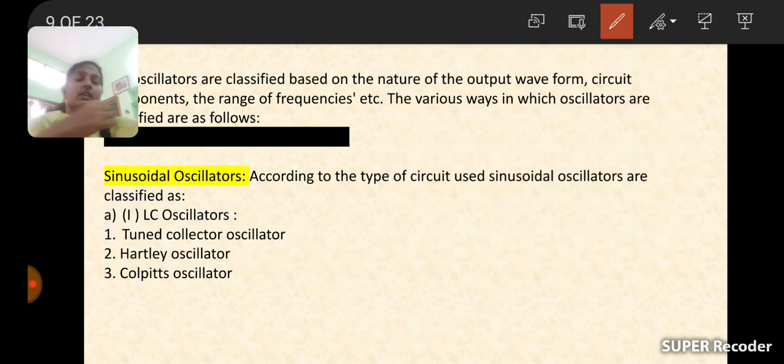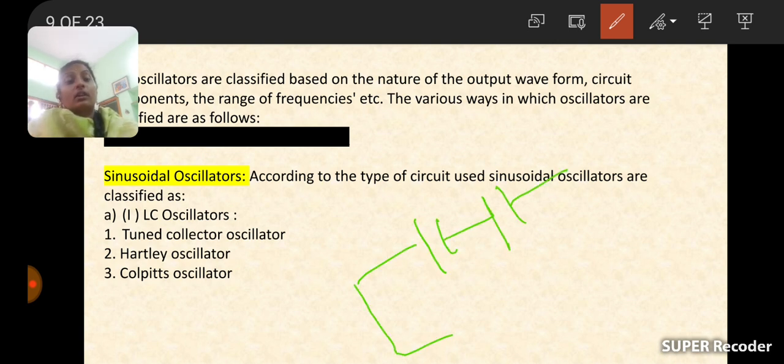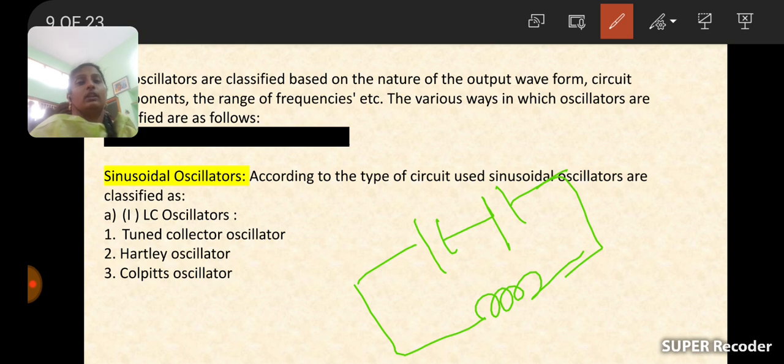And the next one is the Colpitts oscillator. In a Colpitts oscillator, the tank circuit consists of two capacitors and one inductor.